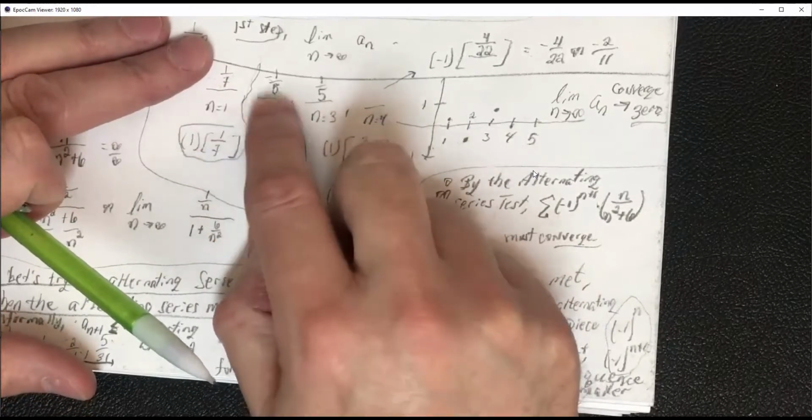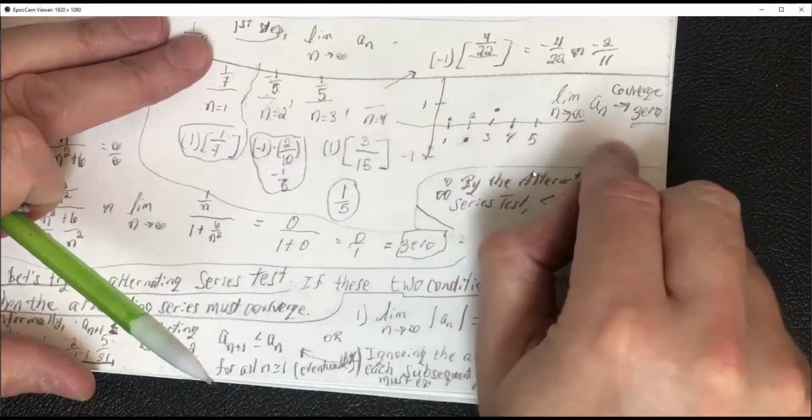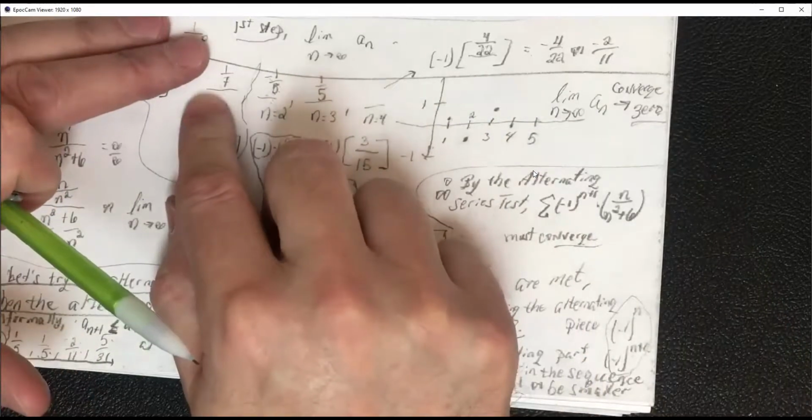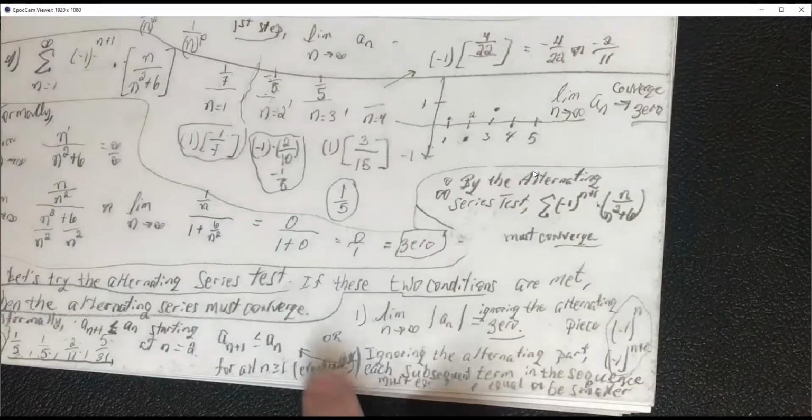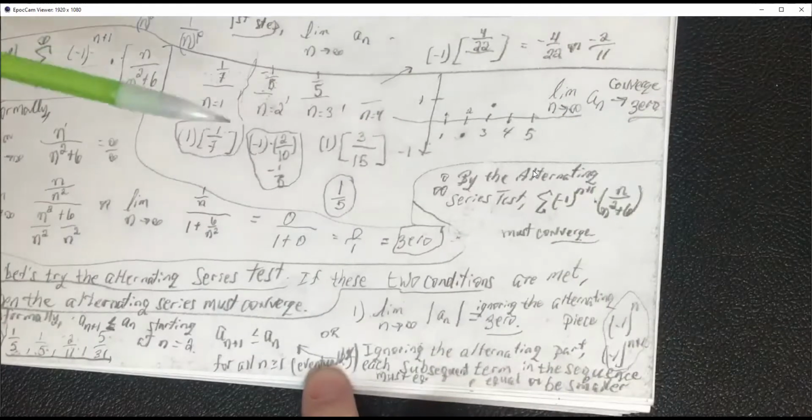And so even though this is true, it converges towards something, but so will it if you start at the first term. I'm trying not to confuse you, but this second condition is saying this.